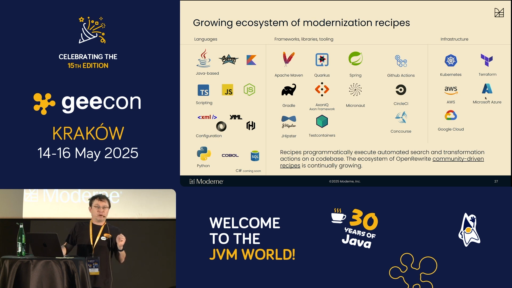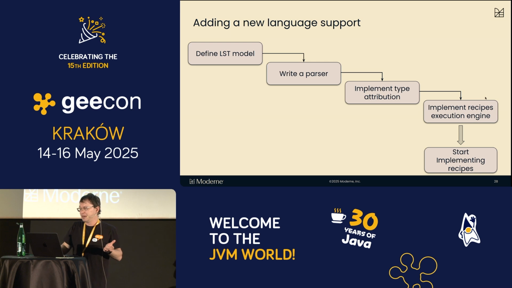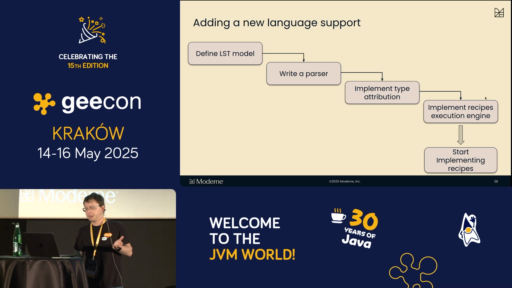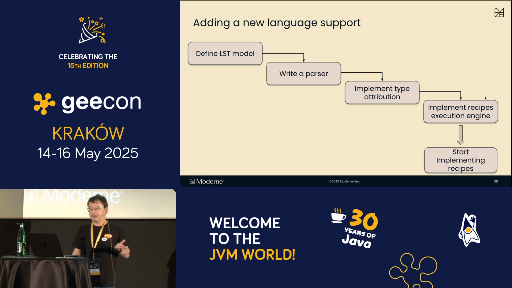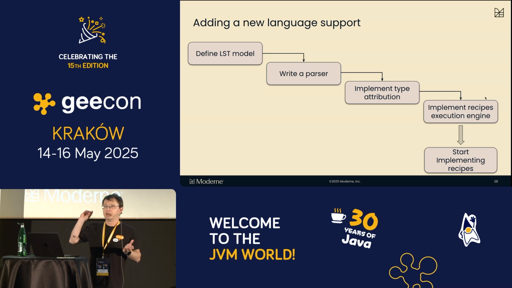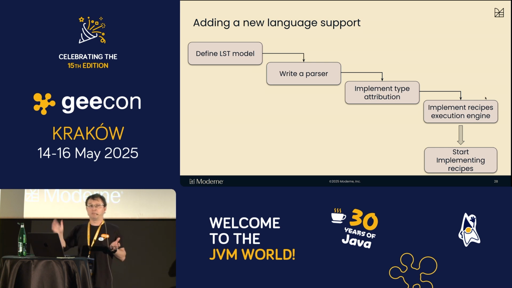So that was the introduction to OpenRewrite and how it looks on the Java side. What about adding new language support? In our current pipeline, we are trying to provide support for three additional non-Java-based languages: Python, C#, TypeScript, and JavaScript.